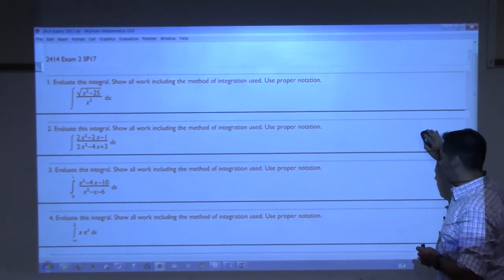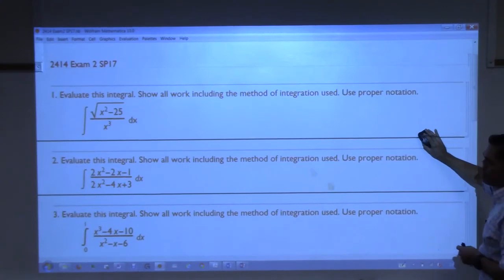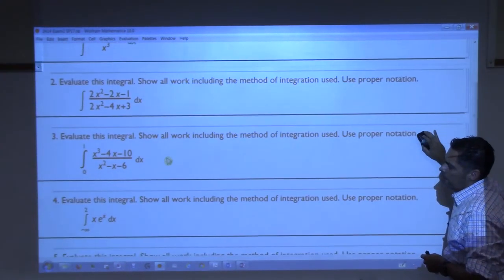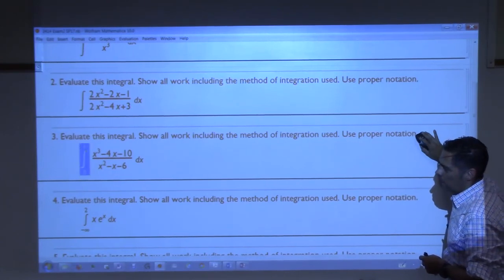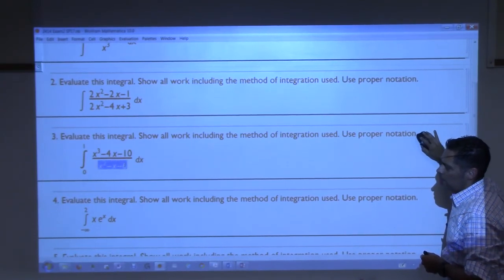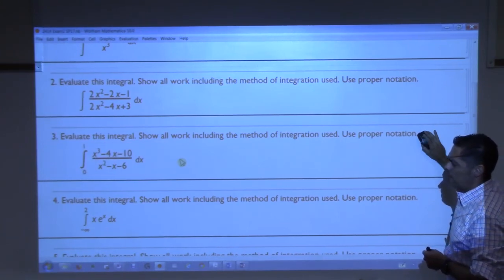Need long division first there, don't you? On that second one? Need long division. You need long division again. Oh, but this is improper. So you might have some zeros in there. So you have to factor out this denominator and make sure. No, I don't think this is improper. I think this turns out to just be definite.